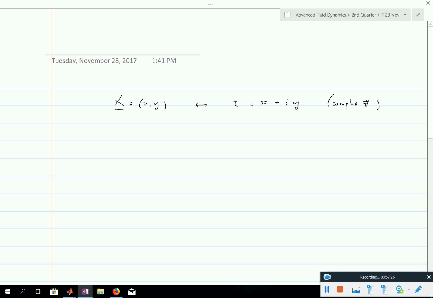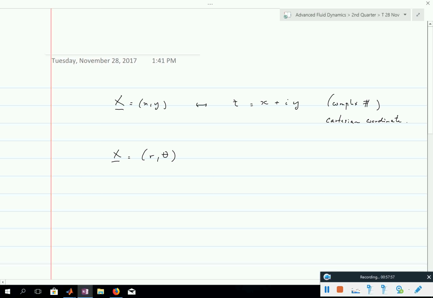Now when I write my complex number in this way, I'm making a direct link between my Cartesian coordinates and the complex number. You can also locate your point with polar coordinates, with an angle and the distance to the origin.